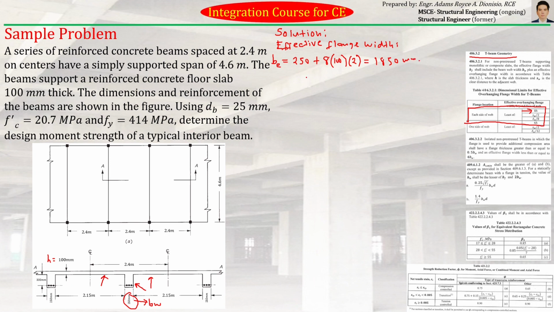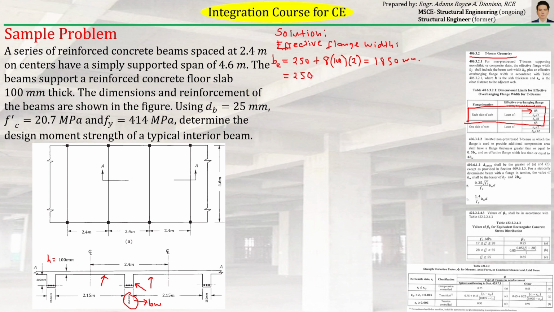But we also have to check the other two formulas to know which will really be the effective flange width. Effective flange width will be equal to BW, which is 250, plus SW over 2, wherein SW is the clear distance between the edge of the web and the edge of the next web. According to the problem, it is given as 2,150.